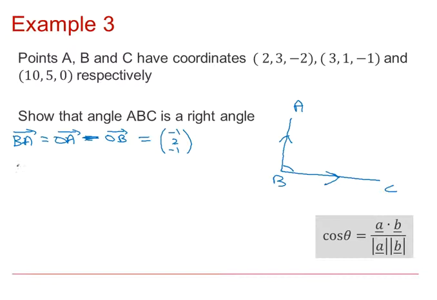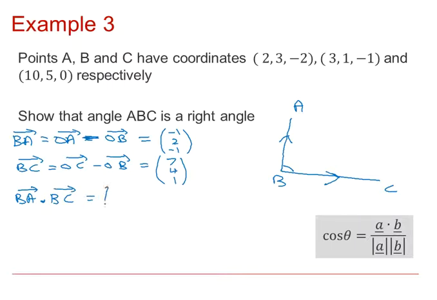The vector from B towards C is OC take away OB, which is (7, 4, 1). I'm now going to take the vector from B to A and dot it with the vector from B to C to see what we get. So that's (-1, 2, -1) dotted with (7, 4, 1).